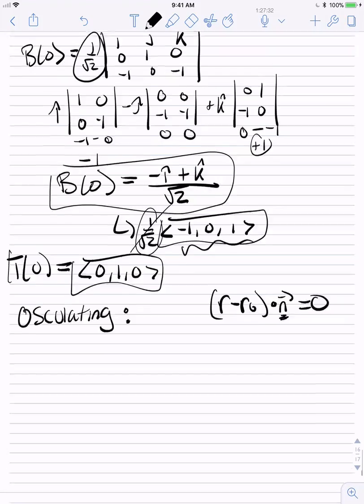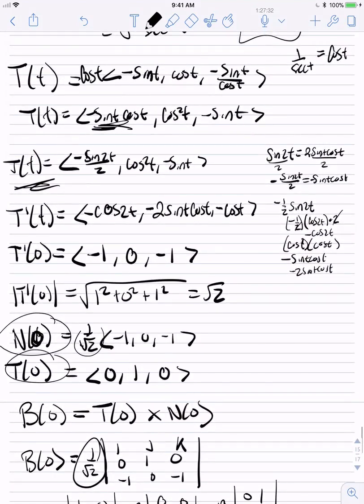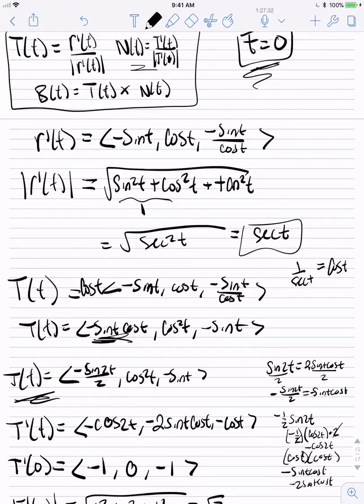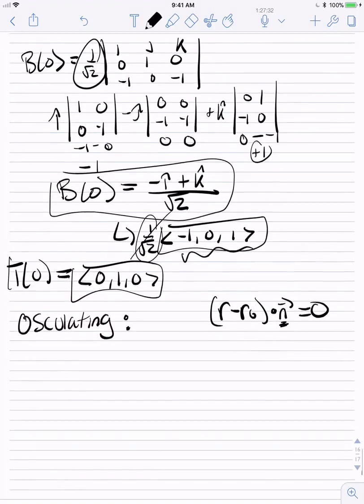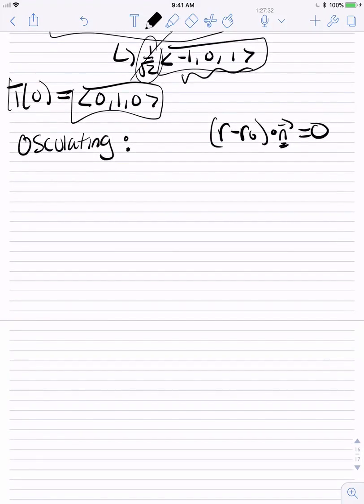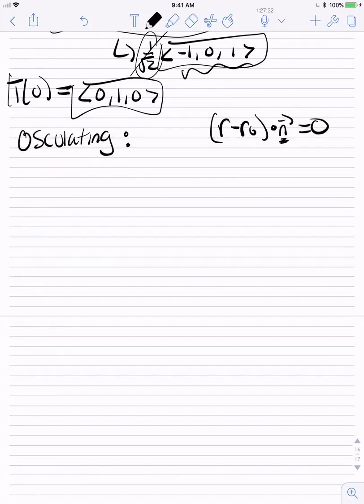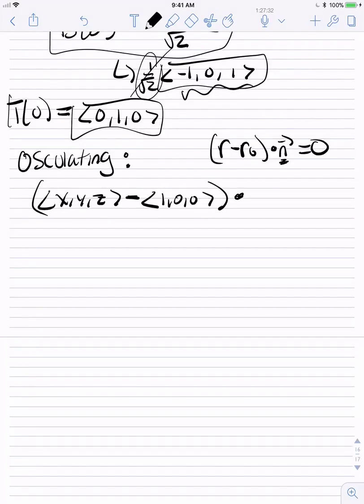And r naught is going to be the point that we started with, which should be 1, 0, 0. Again, that is our point. And r will be a general point, x, y, z, or general vector. So writing that, we'll have x, y, z minus 1, 0, 0, and that's all going to be dotted with our b of 0, which is negative 1, 0, and 1. It should all be equal to 0.